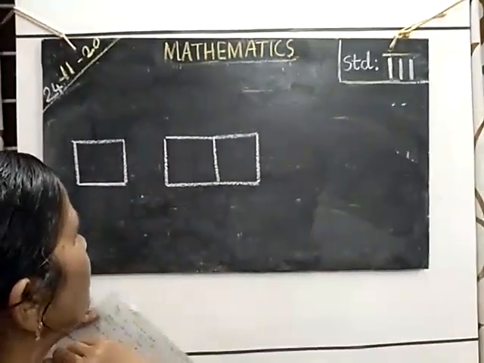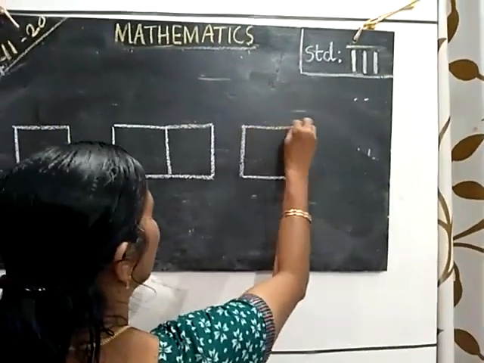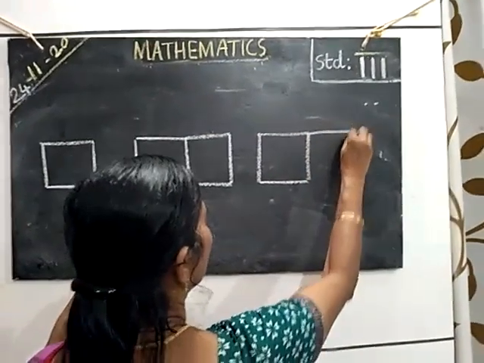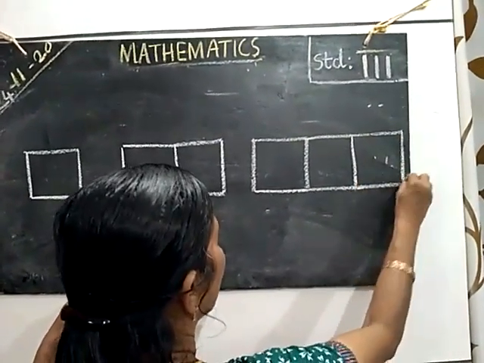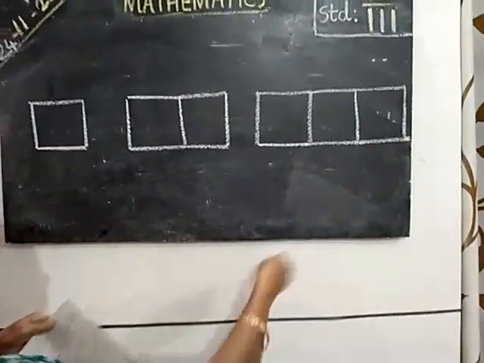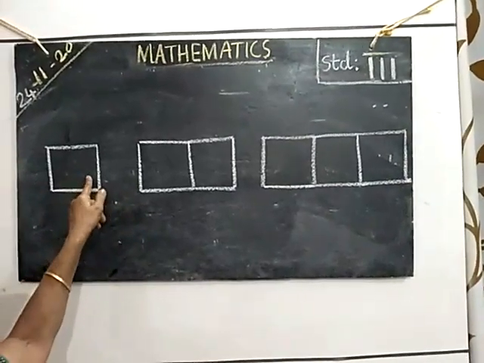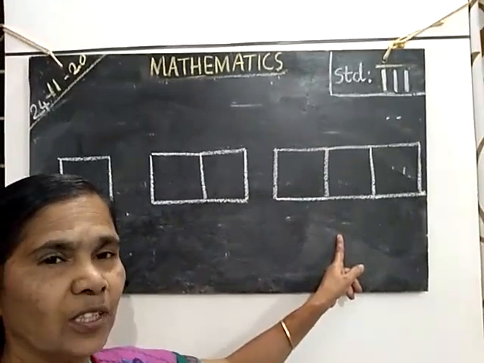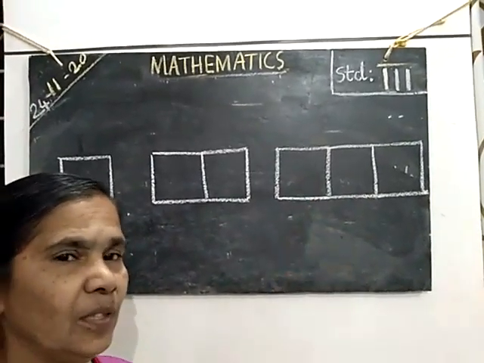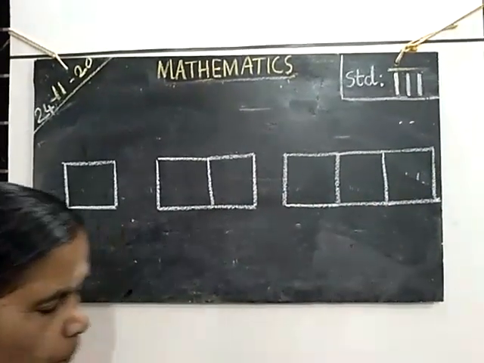There are 2 squares. Again, I am going to draw 3 squares. 1, 2, and 3. 3 squares. Like that, we can draw squares connecting each other. One, 2, 3. The next block will be 4 squares. That you can draw in your notebook. 1, 2, 3, 4, 5, like that you can draw.